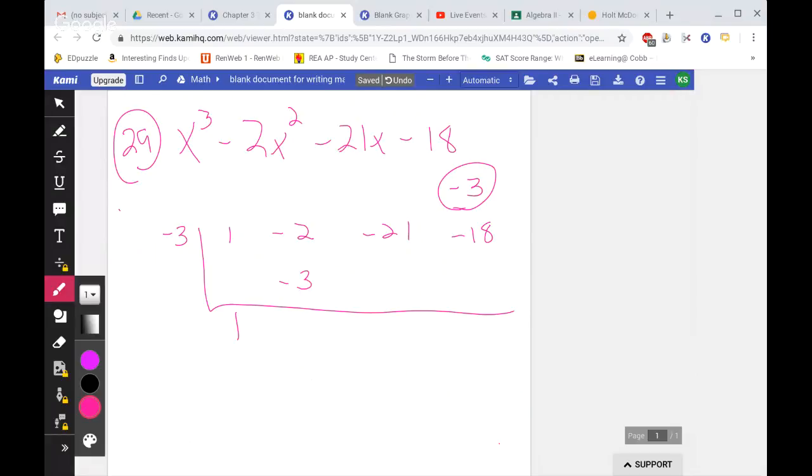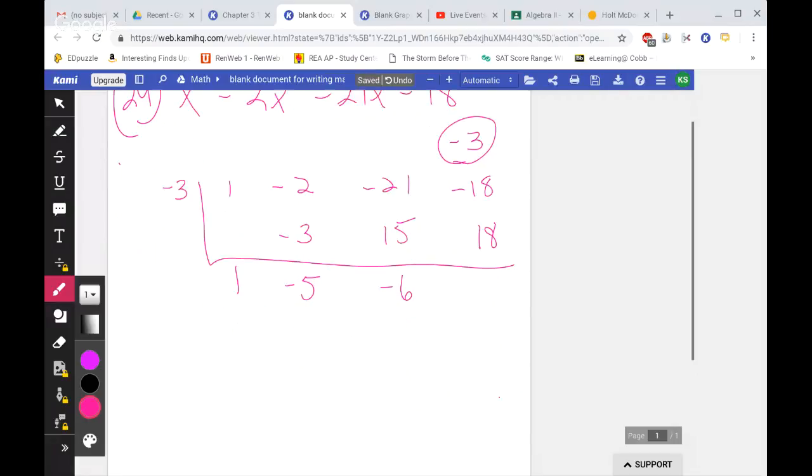Negative 2 and negative 3 is a negative 5. So there's our first time of really having to add. And negative 5 times negative 3 is a positive 15. Negative 21 combined with a 15 is a negative 6. And negative 6 and negative 3 is a positive 18.